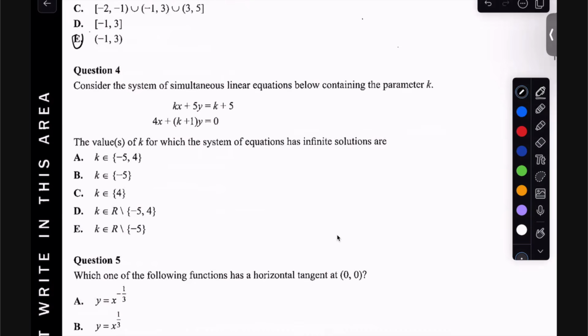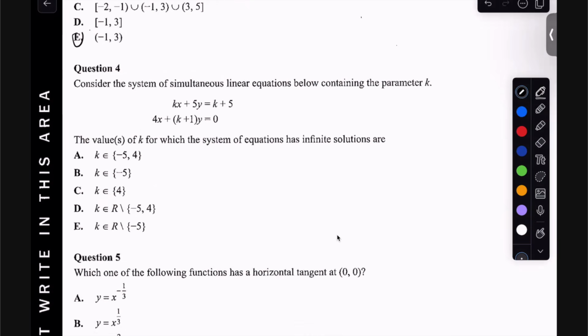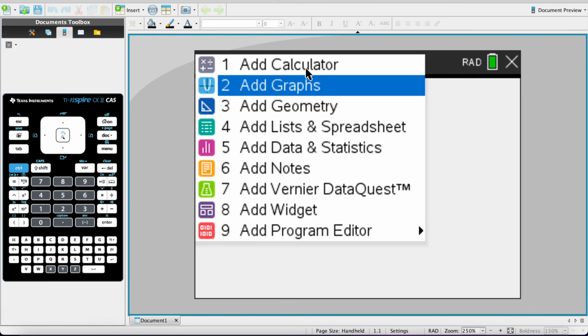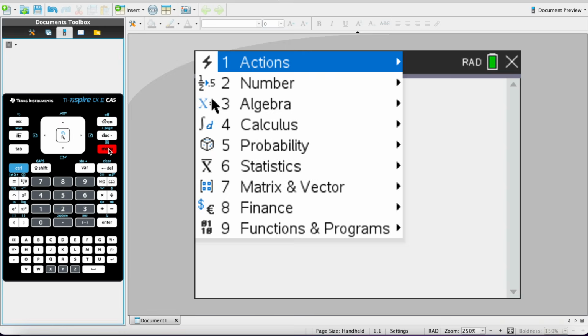Consider the system of simultaneous linear equations below containing the parameter k. The values of k for which the system of equations has infinite solutions are... So we'll just use the CAS to put these all in terms of y. So I'm just going to add a calculator, and what I'll do is menu 3(1).